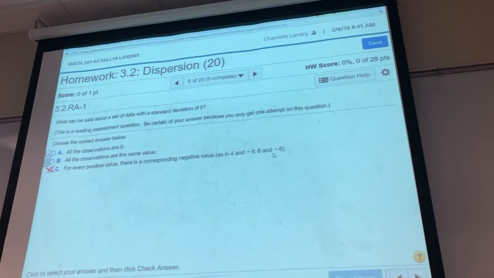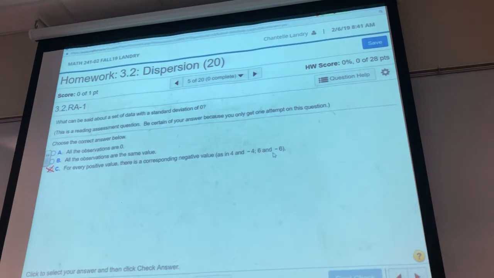So if you have answer A, all observations are 0, then on your number line, all your dots are lined up at 0, and it's not spread out at all, and so that's going to give you a standard deviation of 0.